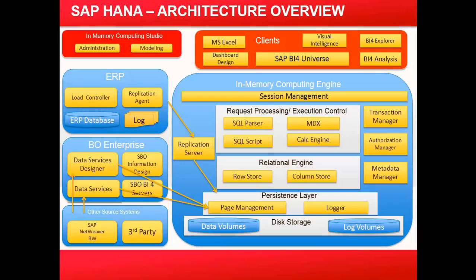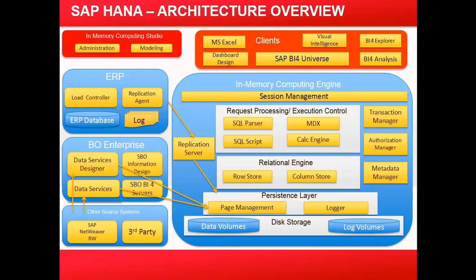At the heart of the SAP HANA database index server is the relational engine, which has the row store as well as the column store. A store is a subsystem of the SAP HANA database which includes in-memory storage as well as components that manage that storage.